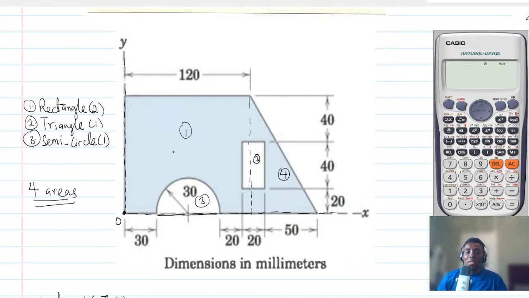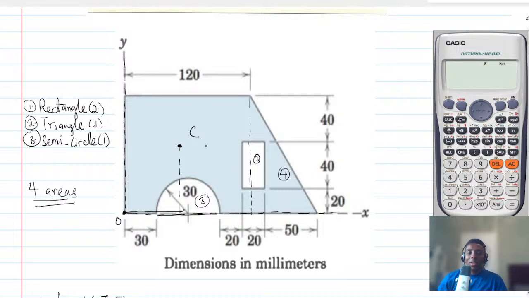In other words, if I ask you to move until you get to halfway, how are you going to do that? So let's assume that the center of this rectangle is somewhere here. Okay. If I want to walk towards the center, first of all, I will have to walk some distance along the x, and then I will move up some distance along the y.